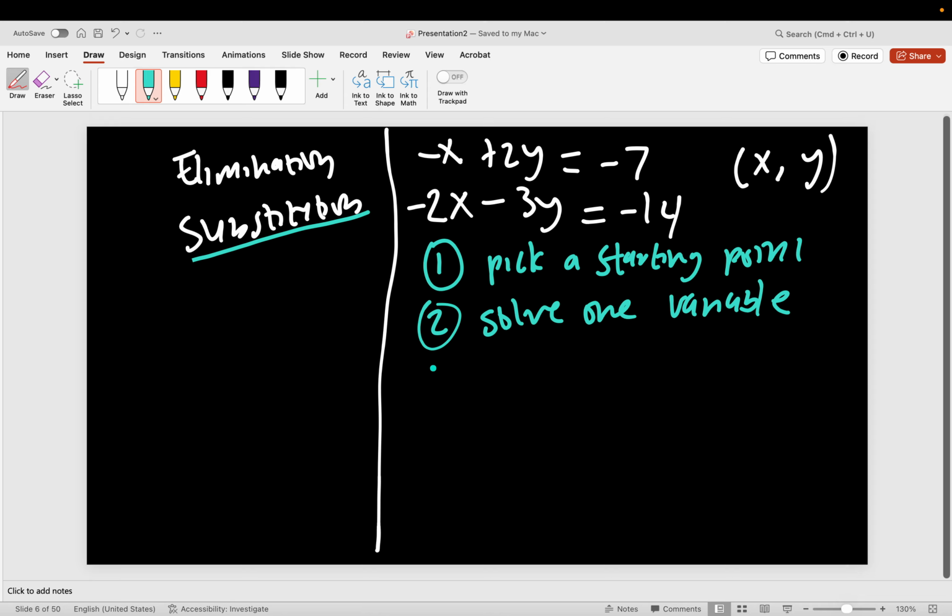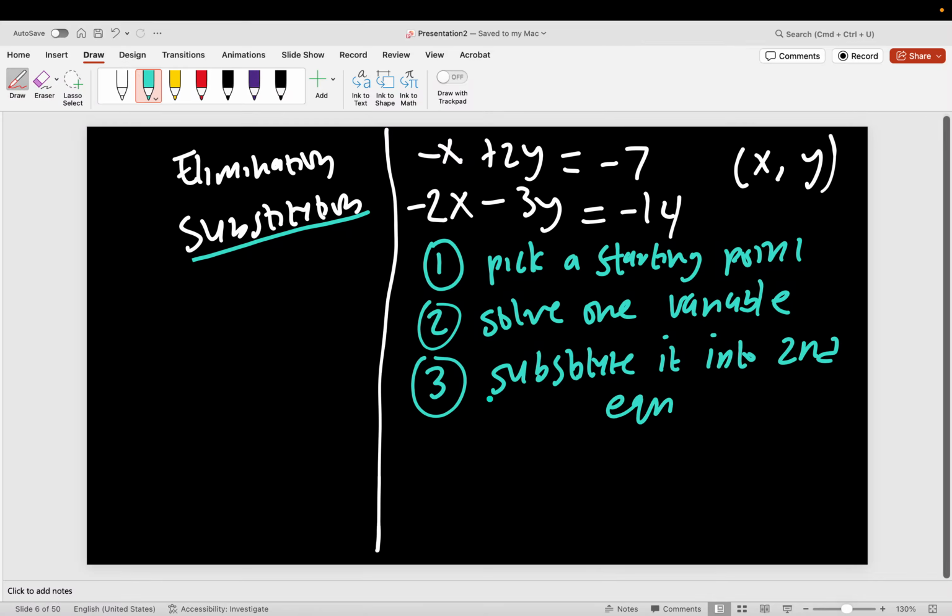Once you have that variable, you substitute it into the second equation, and that's it. That's where the name comes from. Substitution means substitute: you pick a starting point and substitute it into the second one.